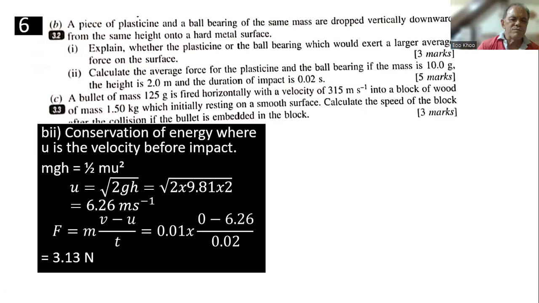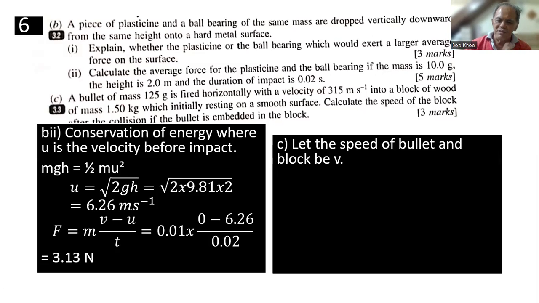A bullet of 125 gram is fired horizontally with a velocity of 315 meter per second into a block of wood of mass 1.5 kilogram, which is initially at rest on a smooth surface. Calculate the speed of the block after collision if the bullet is embedded in the block.